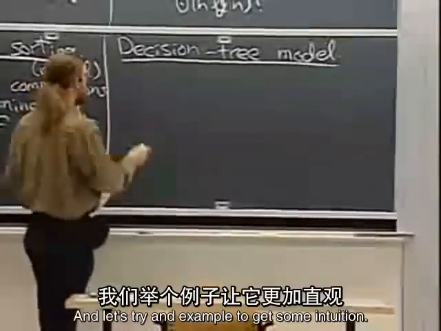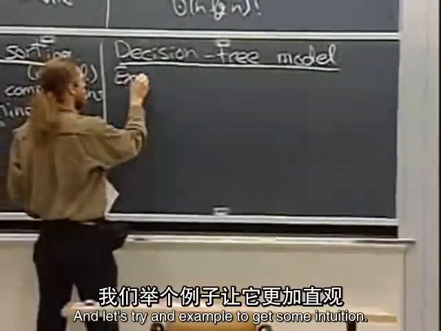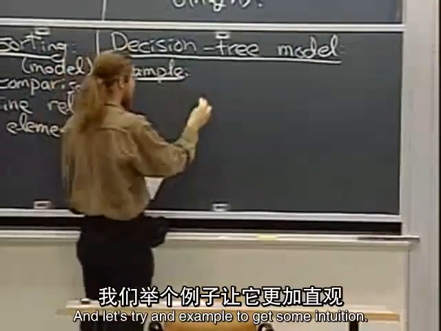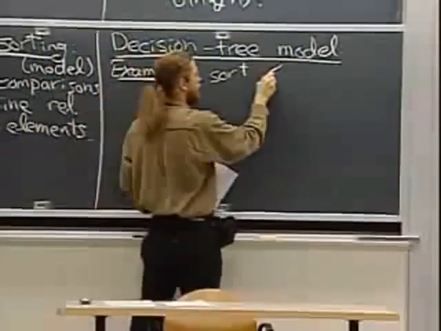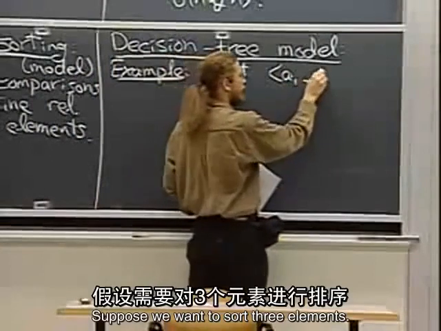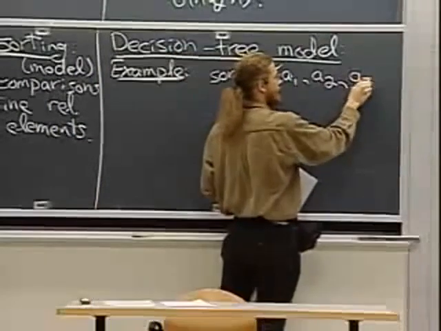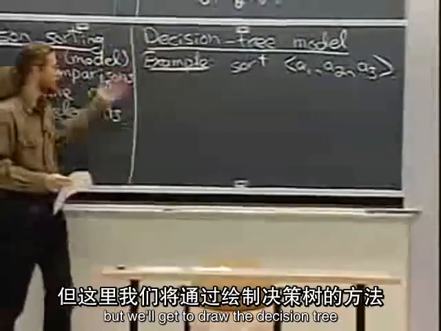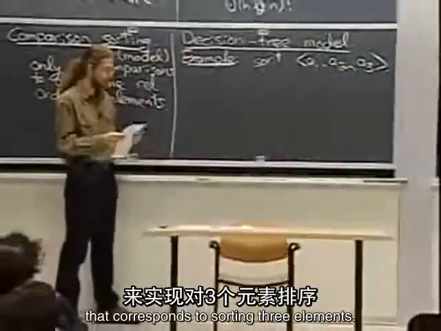And let's try an example. Get some intuition. So suppose we want to sort 3 elements. This is not very challenging, but we'll get to draw the decision tree that corresponds to sorting 3 elements.